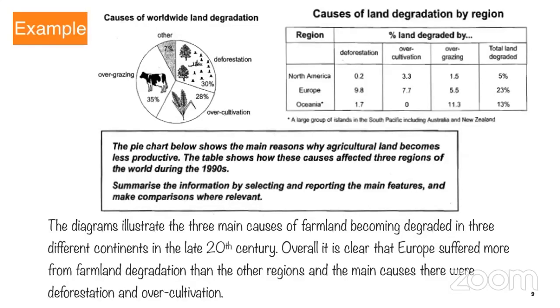So that's what you do for the statistics that you can see. You don't need to give your opinion. You don't need to say why. You don't need to try and explain it or anything like that. It's nothing about your personal opinion. You're just reporting the facts from the diagram or from the table, graph, whatever it is.